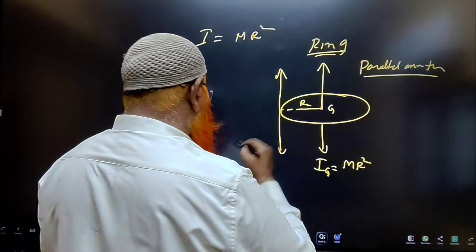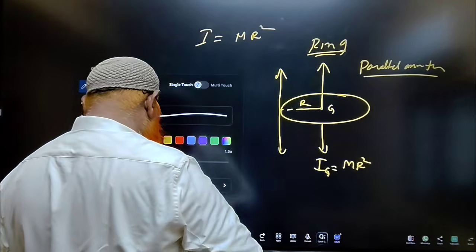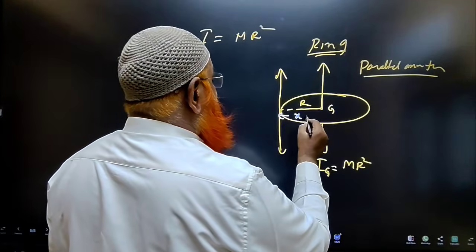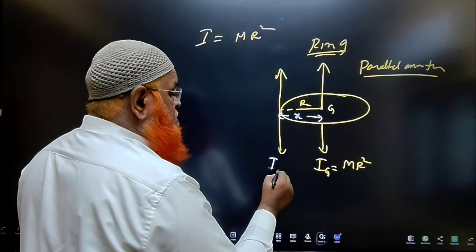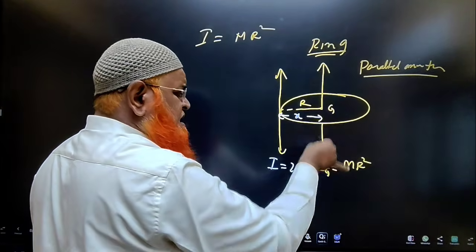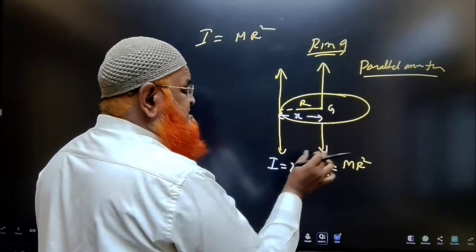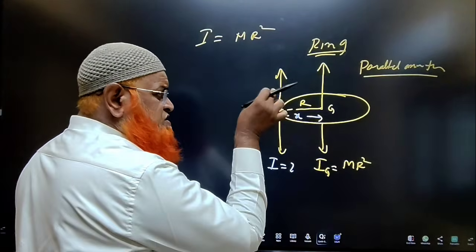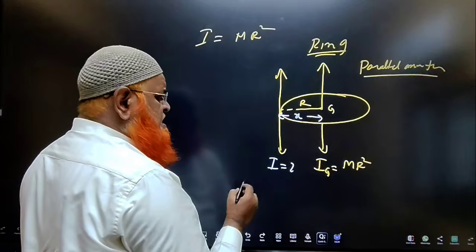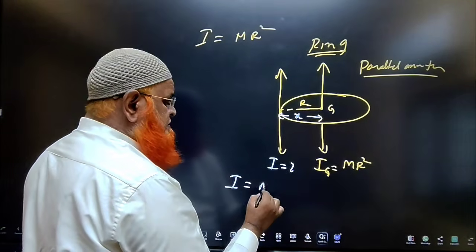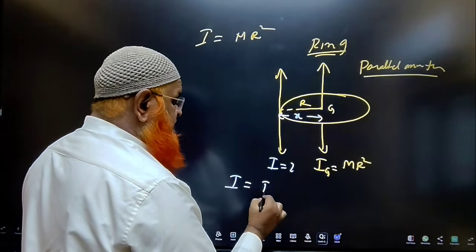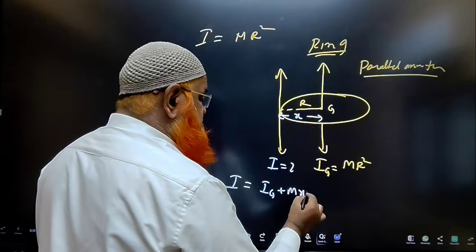For example, the distance between the two axes is taken as x. You know that at the center of gravity, the moment of inertia is mr square. With some other axis which is not at the center, which is at the edge, the parallel axis theorem says that I is equal to Ig plus mx square.